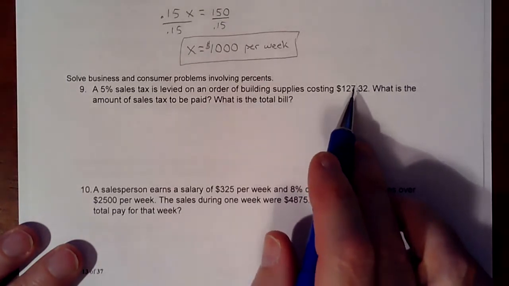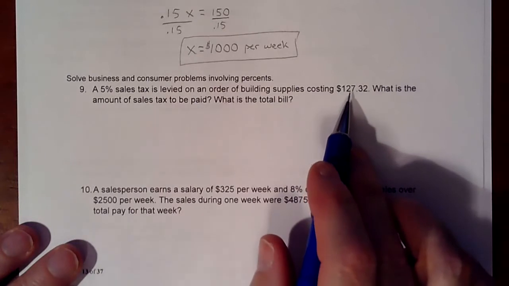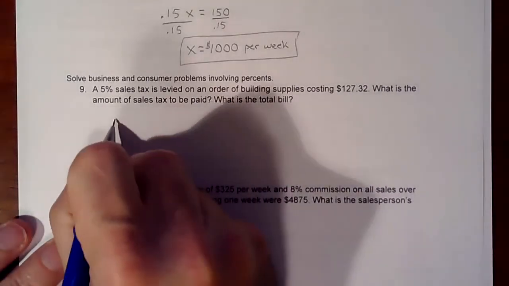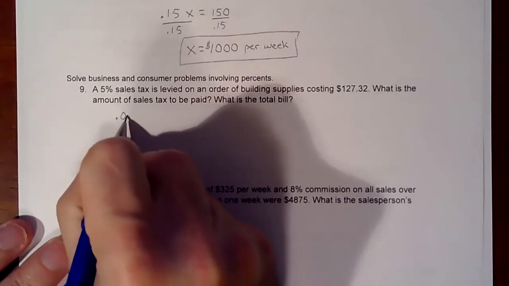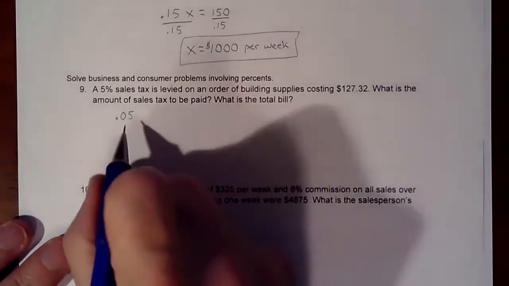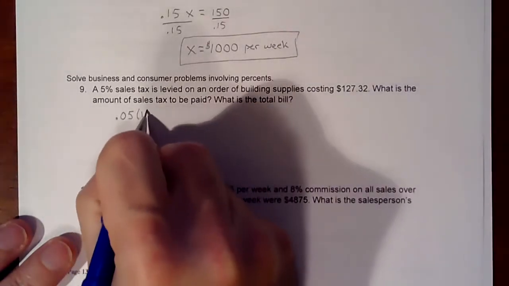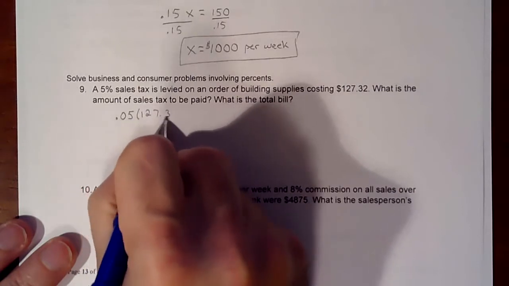So we want to know what is the sales tax. So we're looking at 5% of 127.32. Okay, so 5% is 0.05, not 0.5. 0.5 would be 50%. So it's a sales tax of 5% of the 127.32.